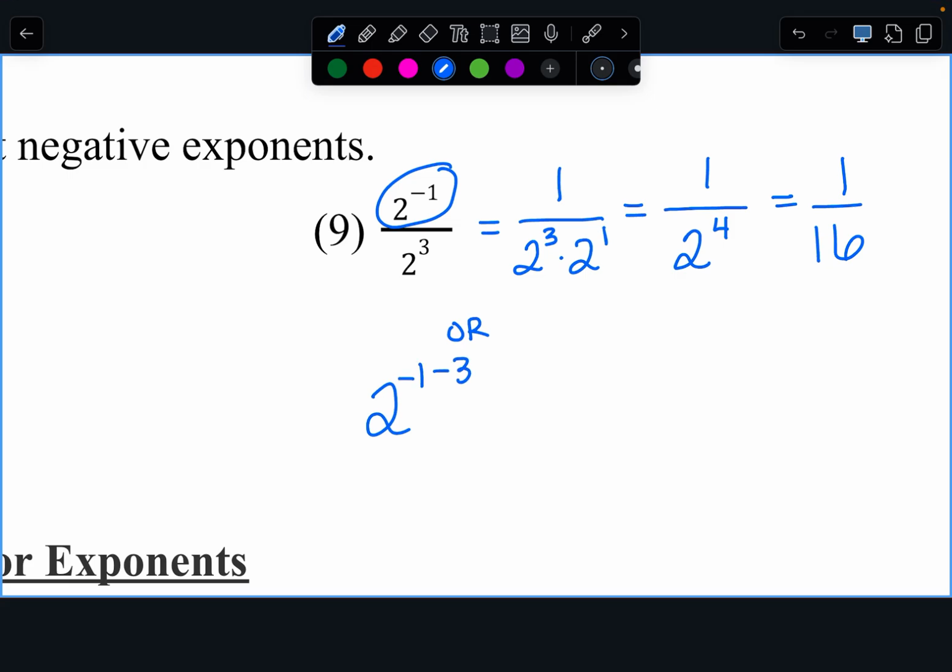Top exponent minus bottom exponent. That means -4, but uh-oh, we don't like negatives in our exponents. So 1 over 2 to the 4th is how we get that. I prefer the first way, just so I don't mess up my minus negatives and plus negatives and all that jazz.